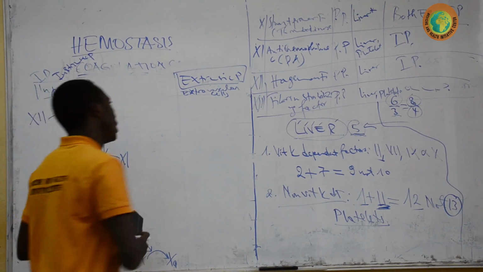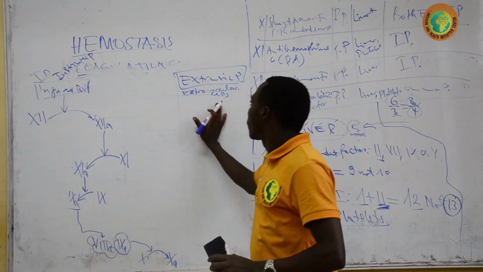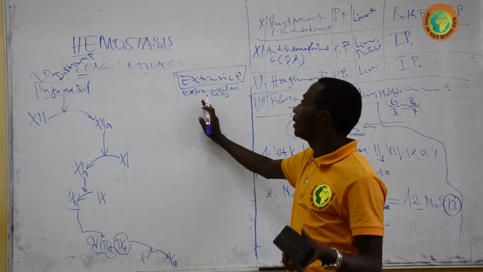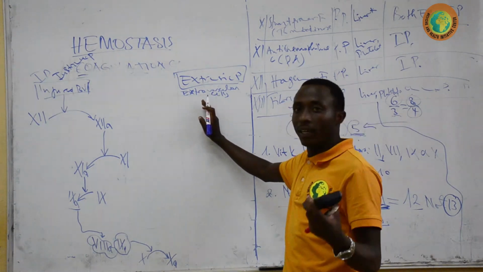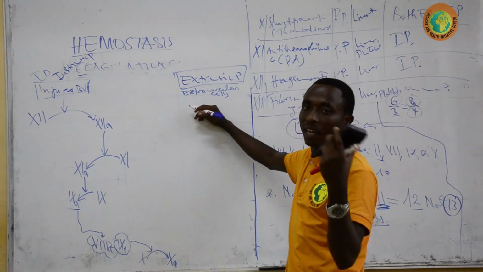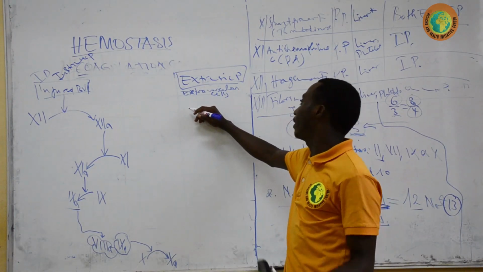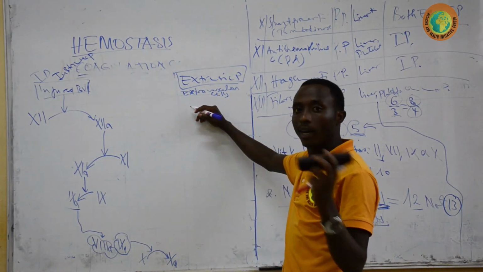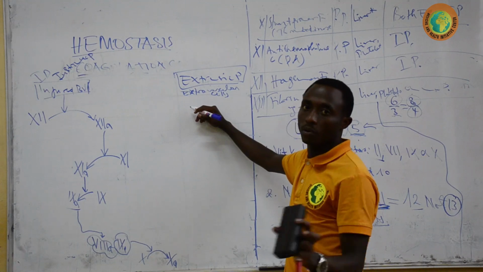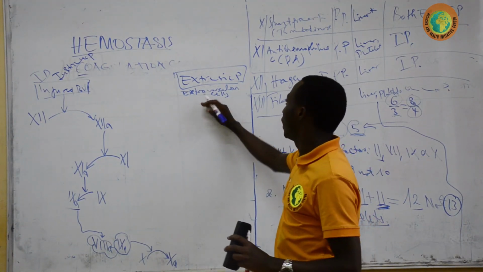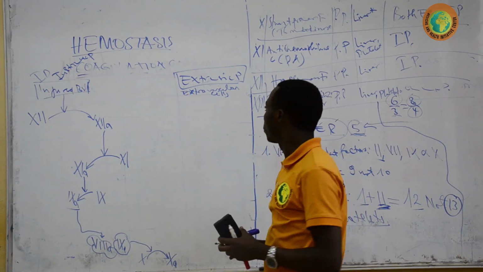We have said that the extrinsic pathway of the coagulation cascade is activated once the extravascular cells get in touch with the bloodstream, or the leakage of blood, which contains various components like platelets and vasoconstrictors, serotonin, prostaglandin, and all those things that initiate the extrinsic pathway.